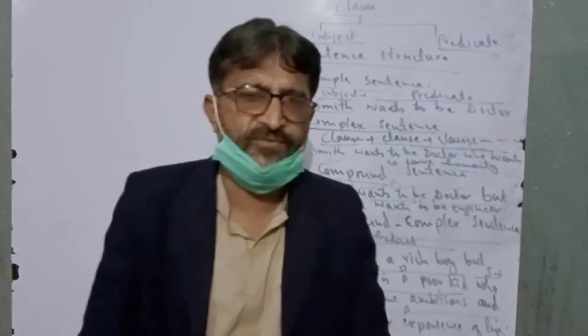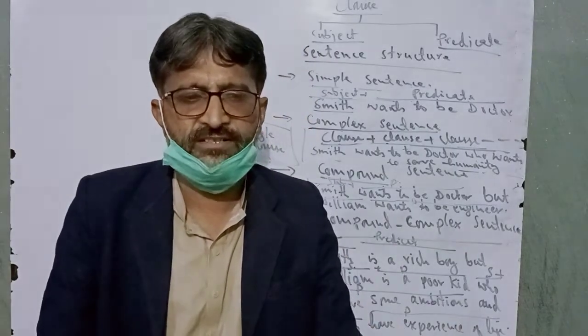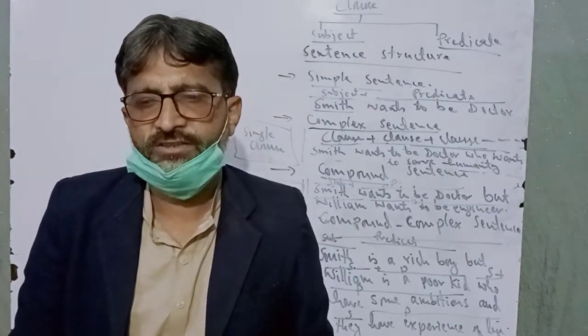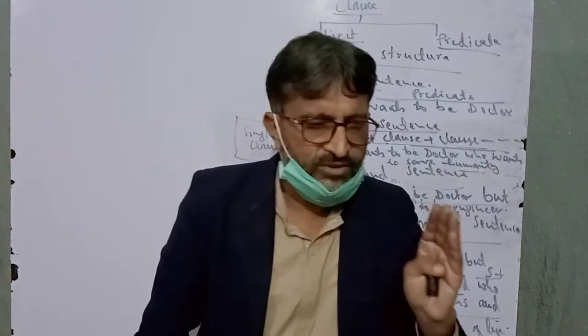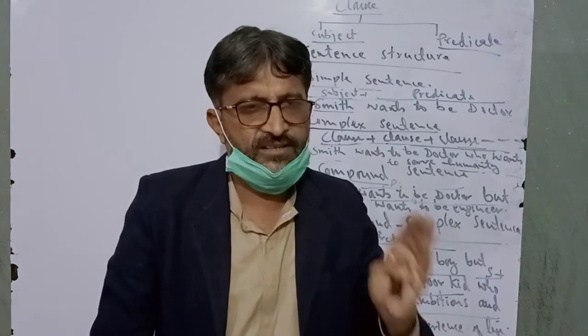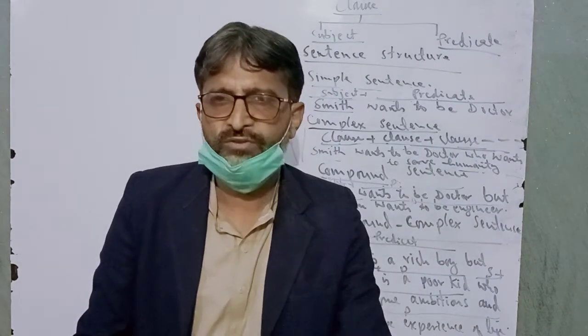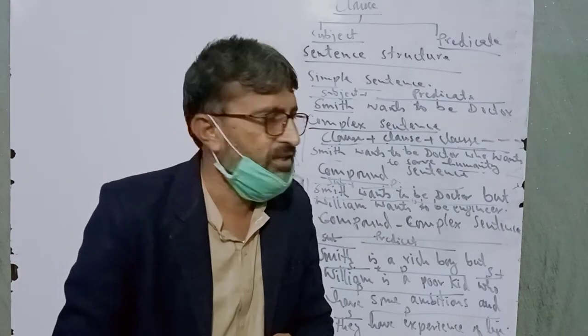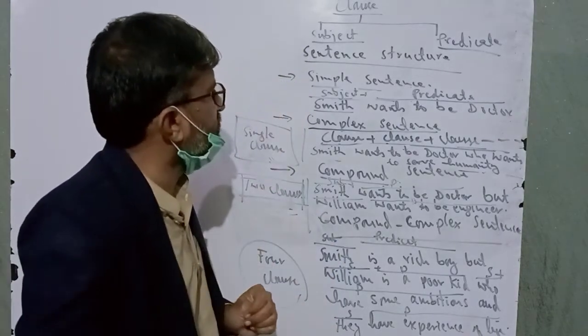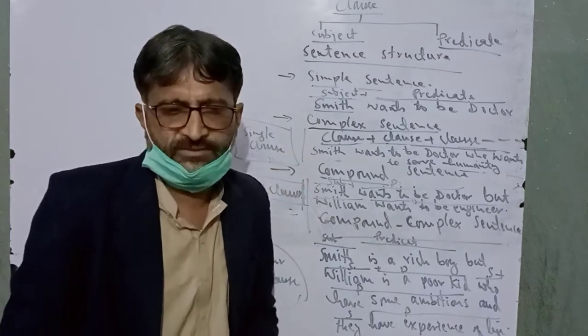These are four different structural sentences available in English writing. We must understand how they can be written in English. Here I am going to tell you something about the simple sentence.